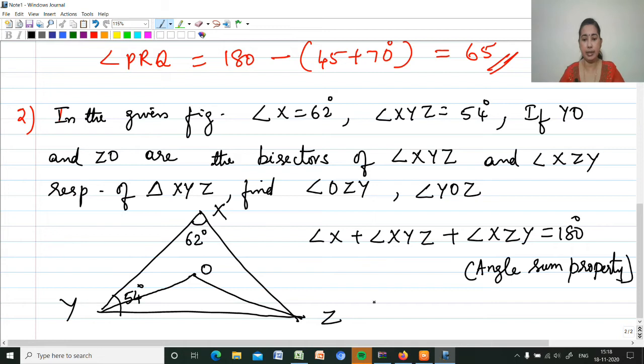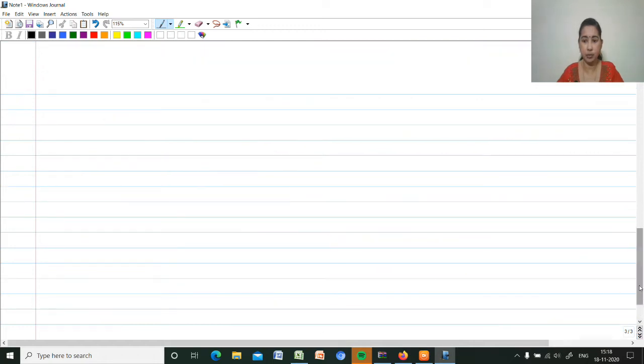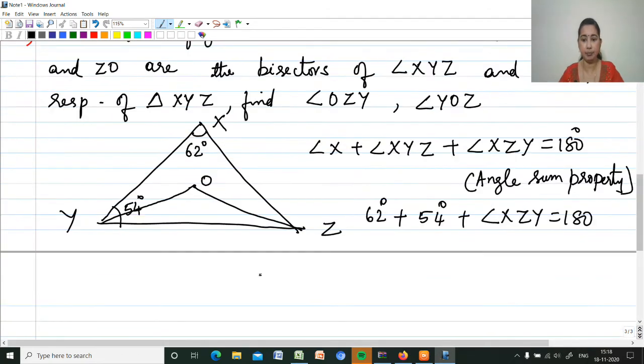Then angle X is 62 degrees plus angle XYZ is 54 degrees plus angle XZY is equal to 180, or we can find angle XZY. Angle XZY is equal to 180 minus 116, and that is equal to 64 degrees.